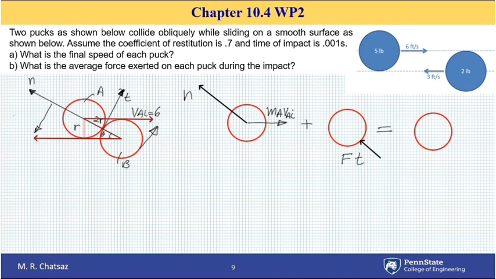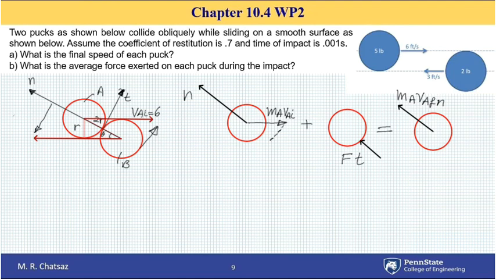We already found the normal velocity of ball A after collision. So I'll show this vector as MA VA final. That's the normal component that I want to consider.